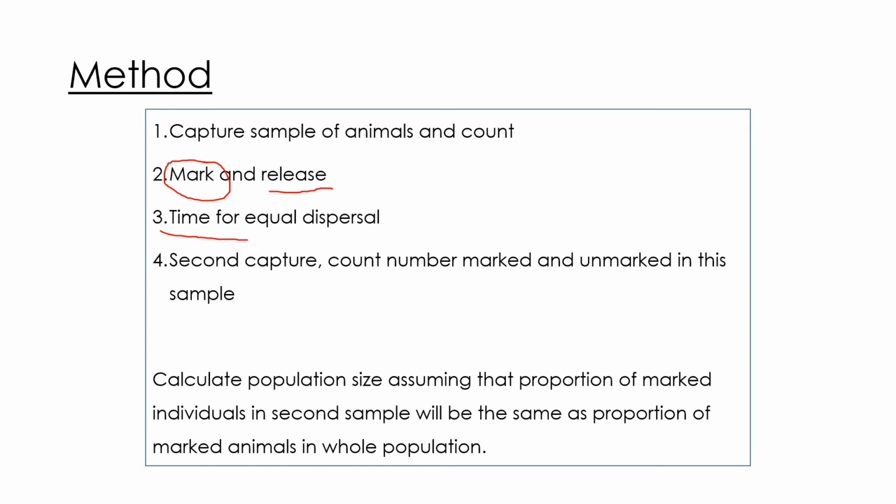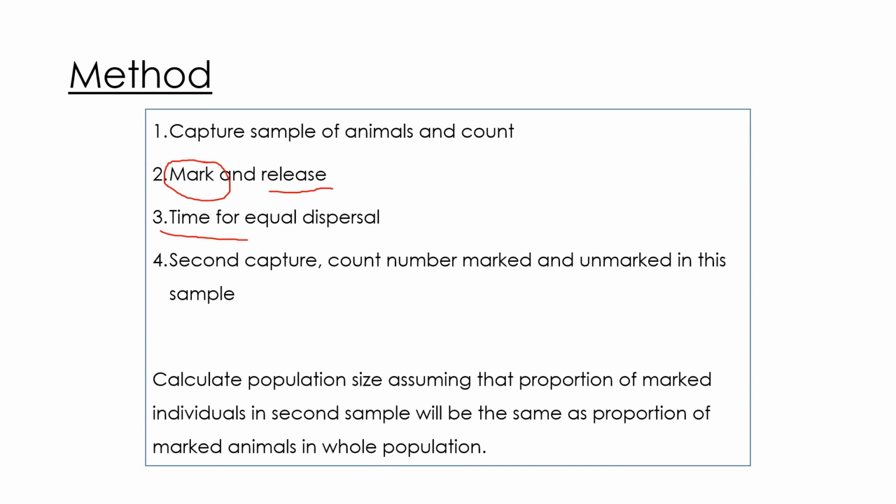When you say enough time is given for the ladybirds to distribute equally, you may also add, however, not enough time that their numbers would change due to births, deaths or migration. And that's a point I'll come back to in a moment.